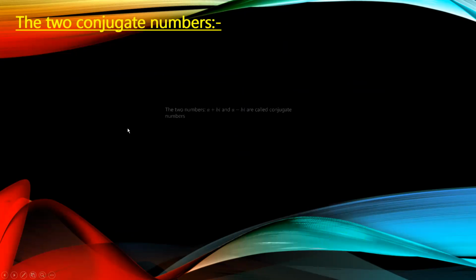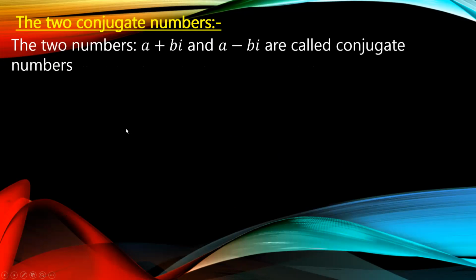What is the meaning of two conjugate numbers? Two conjugate numbers mean a plus bi and a minus bi are called conjugate numbers. Why? Because they have the same real part and the imaginary parts have different signs.